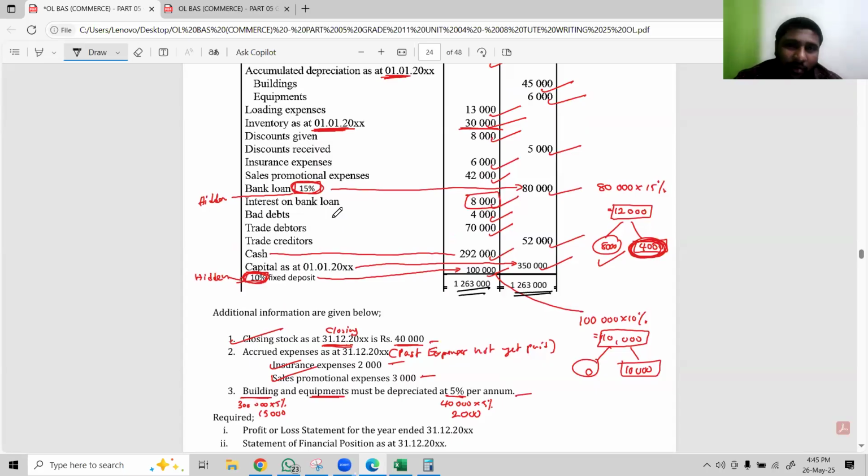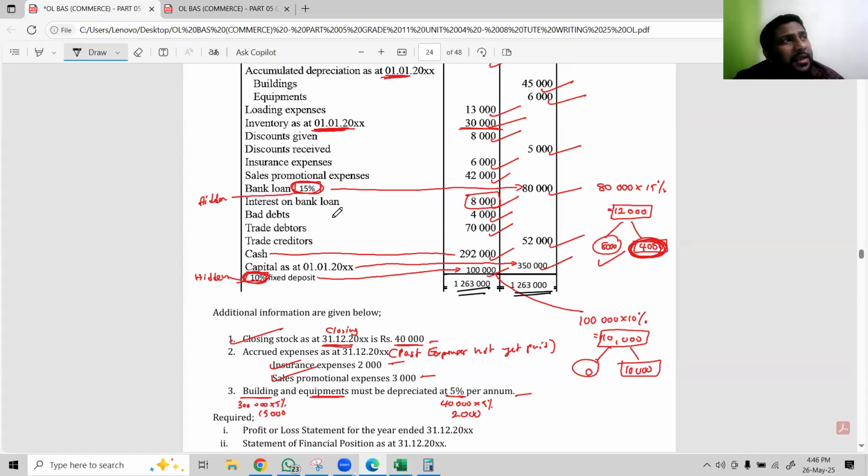The last unit is not accounting, it's business studies. A theory chapter, the investment chapter. We don't have any numbers over there. So we have only 2 more chapters to complete accounting wise, and business studies wise, 1 more unit.